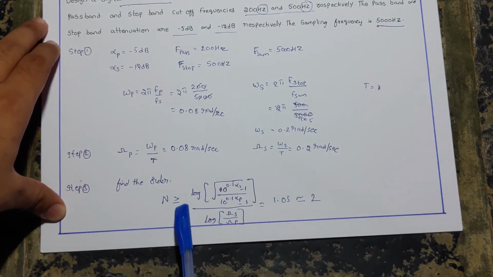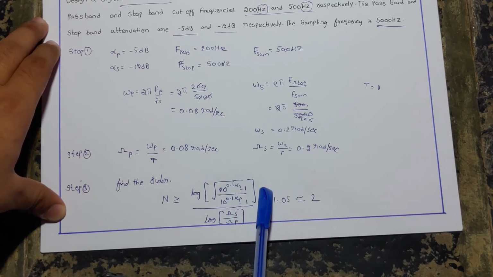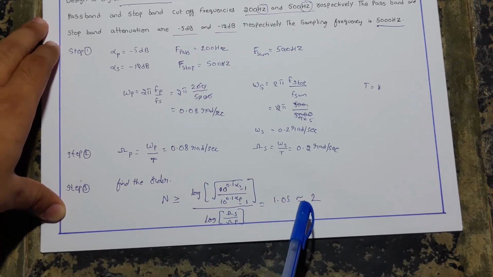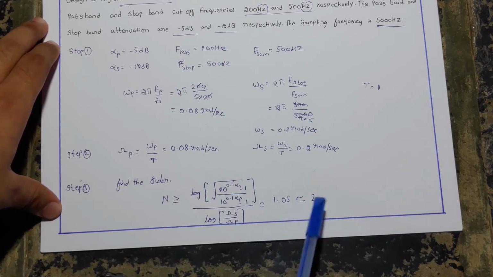N is greater than or equal to log of square root of 10 power 0.1 stop band attenuation minus 1 by 10 to the power of 0.1 multiplied with pass band attenuation minus 1, divided by log of omega s by omega p, which is equal to 1.05 in this case. As this is greater than 1, let us equate it to 2.